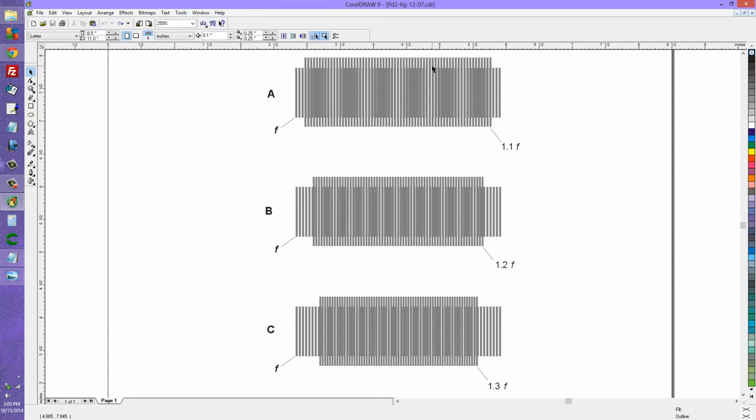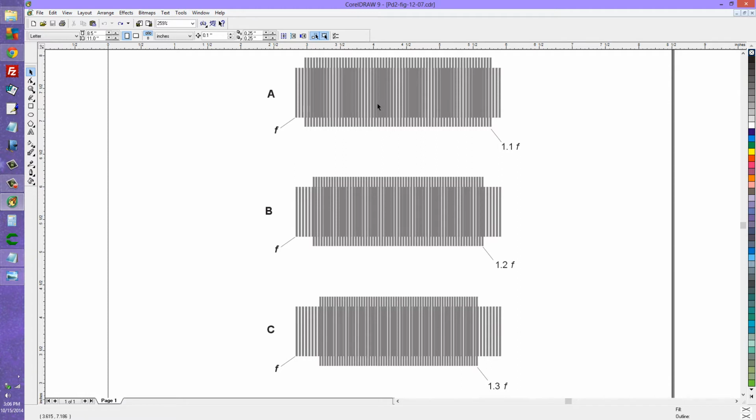At A, we have a wavelength or a frequency of F, say 1 kilohertz, superimposed on something that's 1.1 times the frequency, or in this case 1100 hertz.